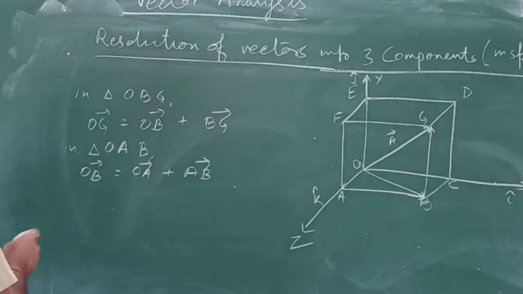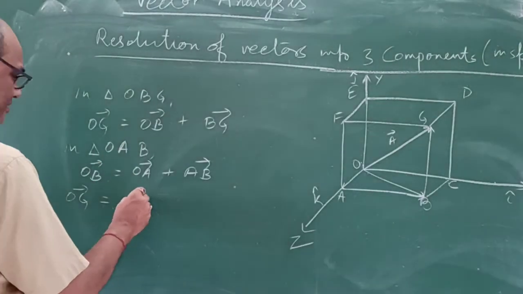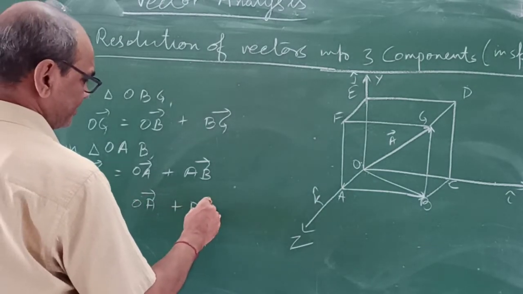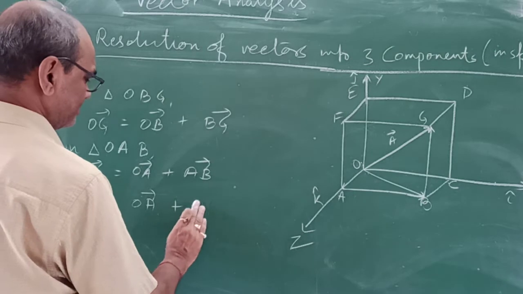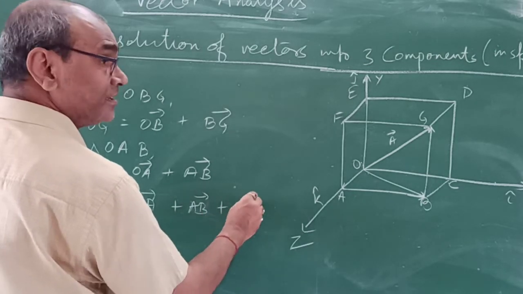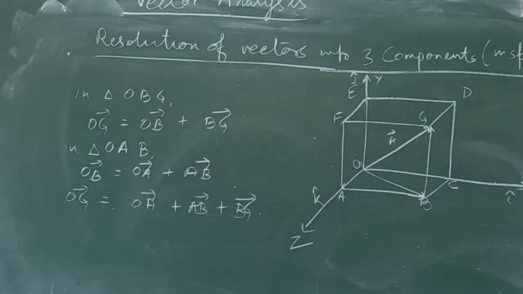Now, we put this value in this equation. OG is equal to OA plus AB plus BG.